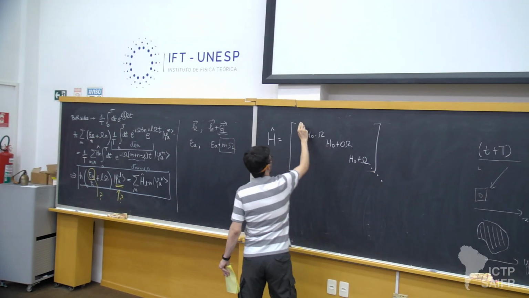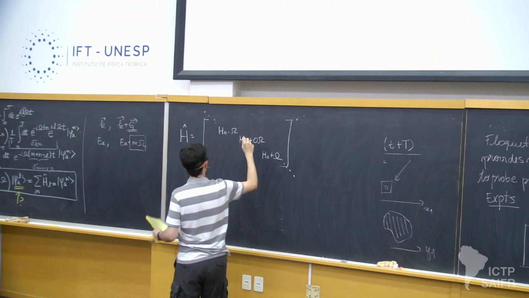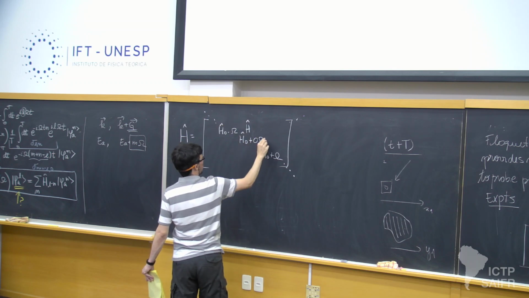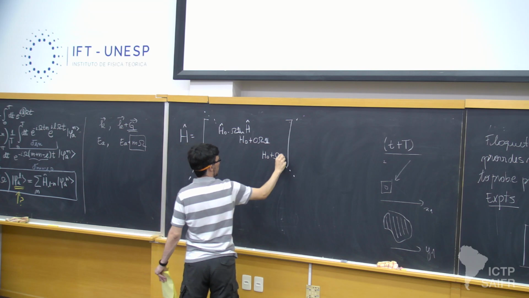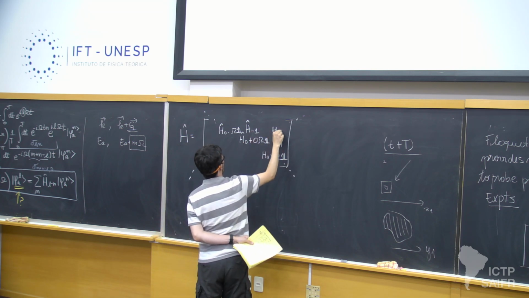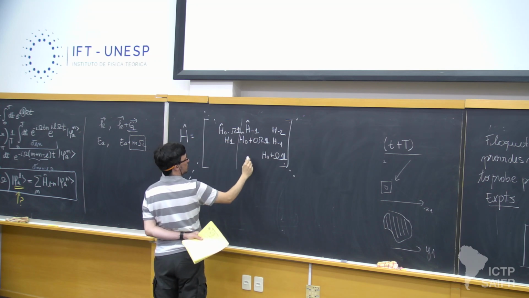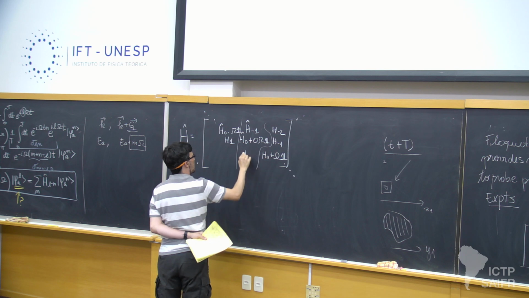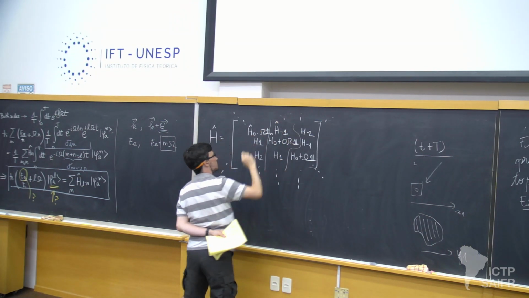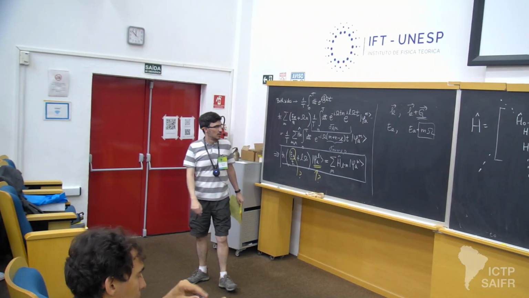But it never ends. This matrix never ends, and it's completely populated. With this notation, this is H, all these guys have hats, and this is going to be the identity matrix here. This is H minus 1, H minus 2, H1, H2. This is the matrix that we have to solve now.